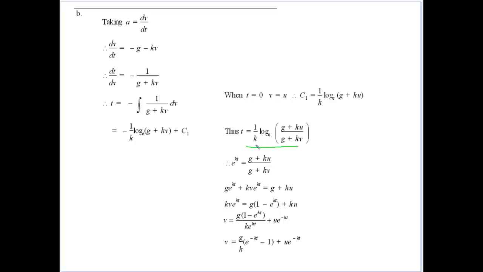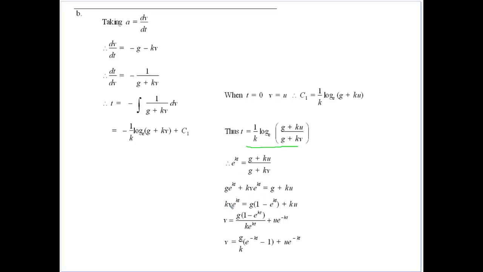So we start to manipulate that. We multiply through by k. By the definition of a logarithm, e to the kt would equal g plus ku on g plus kv. So we multiply across there and then start to collect our like terms.